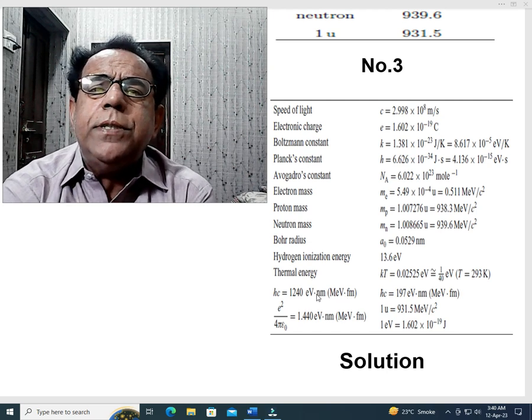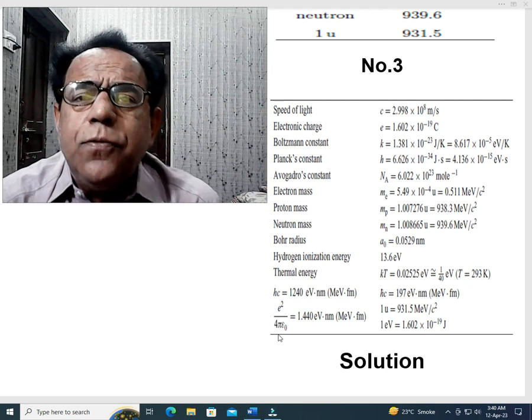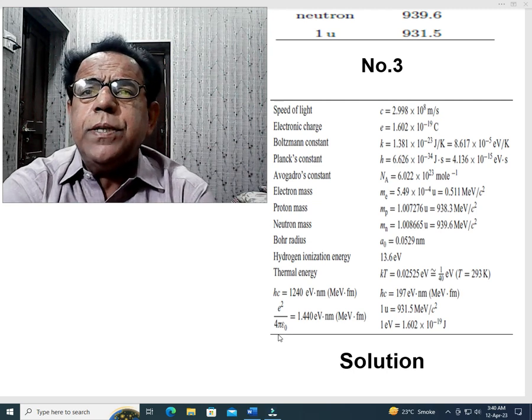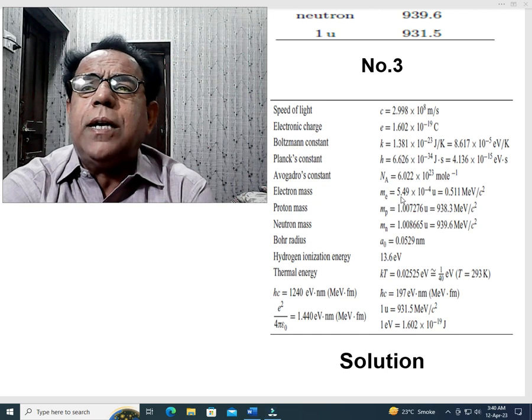We will use the first equivalent expression, that is electron volt nanometer.